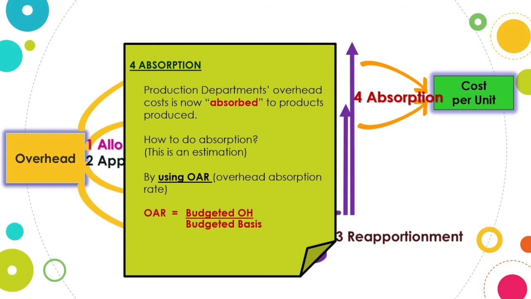So these are the various stages in the overhead cost control, starting with allocation, which is direct charging of expense. Apportionment and reapportionment is indirect expenses, which is charged to the departments on a proportionate basis as per a ratio. And the fourth stage is where you're absorbing the overheads onto the product that is manufactured. That is why it is called cost per unit.